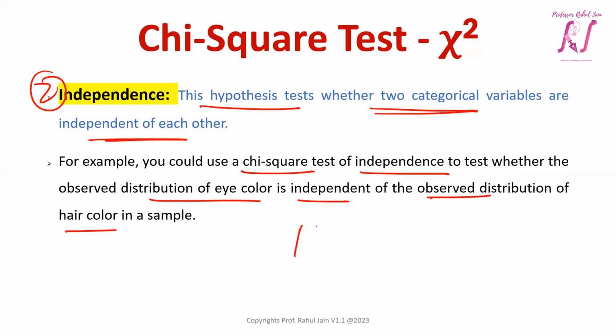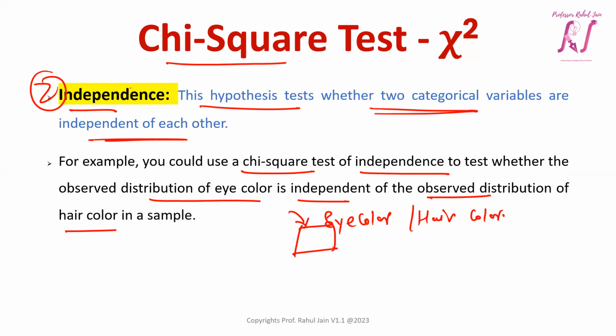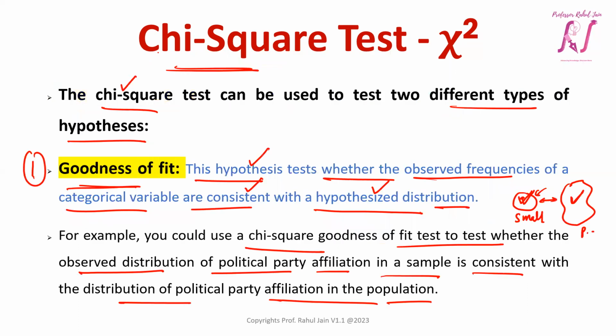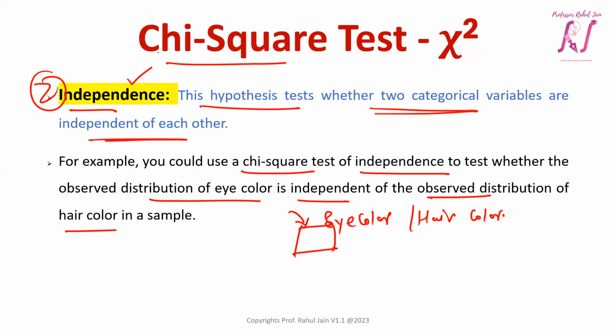In a particular sample, if you are observing the distribution of eye color, is that eye color independent of hair color or not? So to test the independence between any two variables, we can use the chi-square independence test. These two kinds of hypotheses can be tested with the help of the chi-square test. Normally it is represented with this symbol, as you can see here.